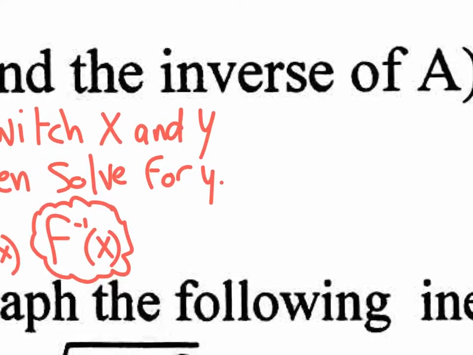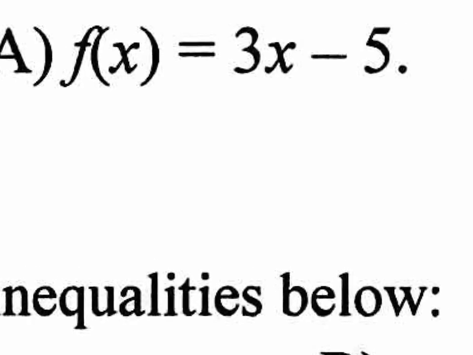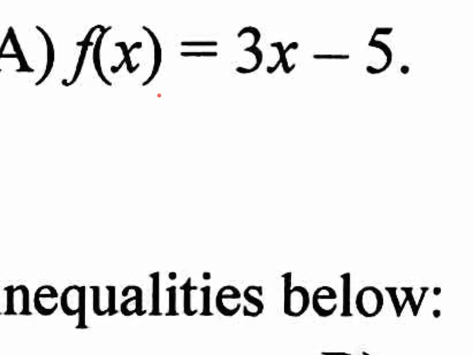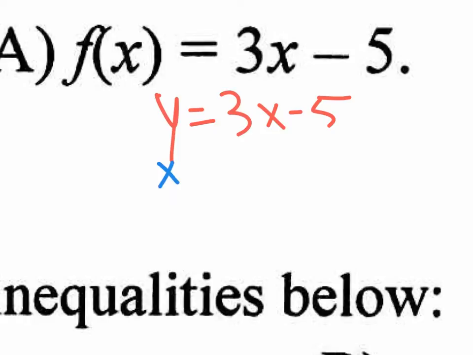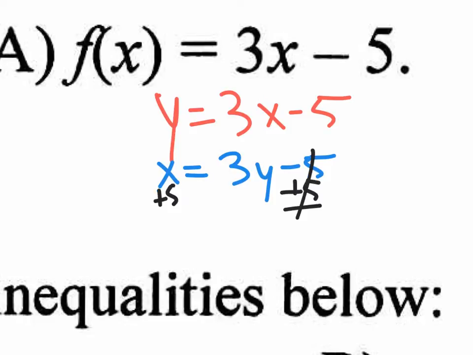So let's switch x and y and solve for y. So this is really saying y equals 3x minus 5. The first thing to do is to switch x and y. So you're going to go x equals 3y minus 5. And now let's solve for y by adding 5 here, adding 5 over here. You're going to have x plus 5 equals 3y.